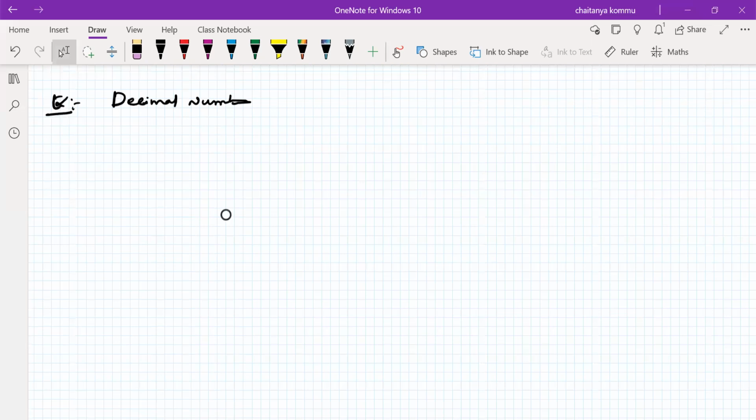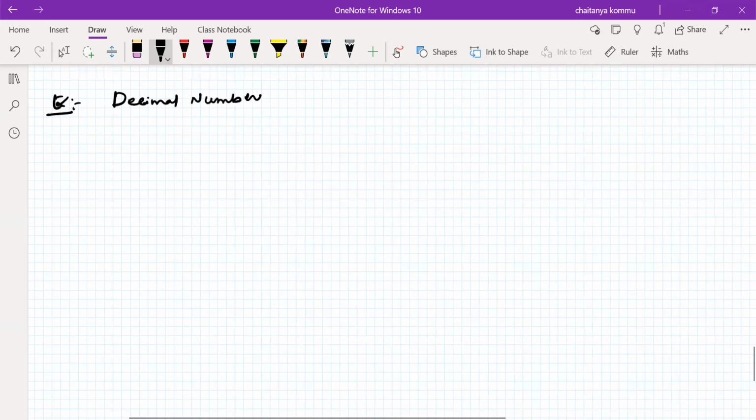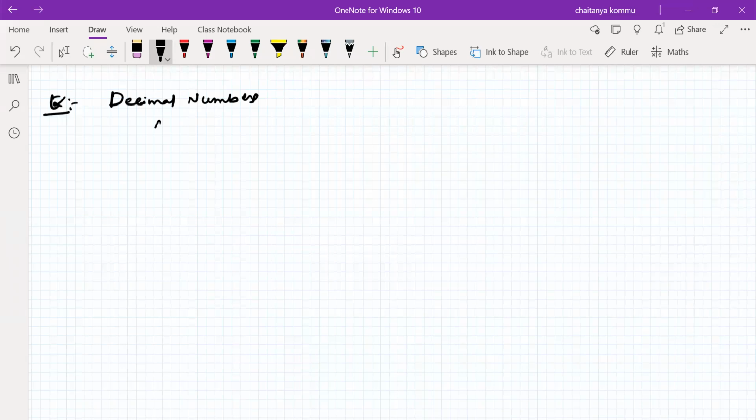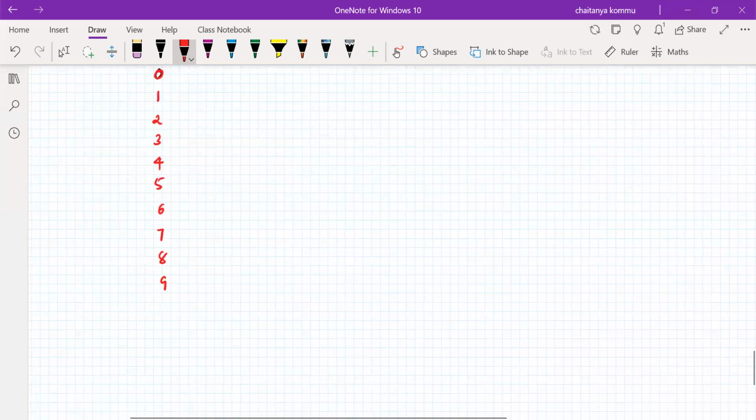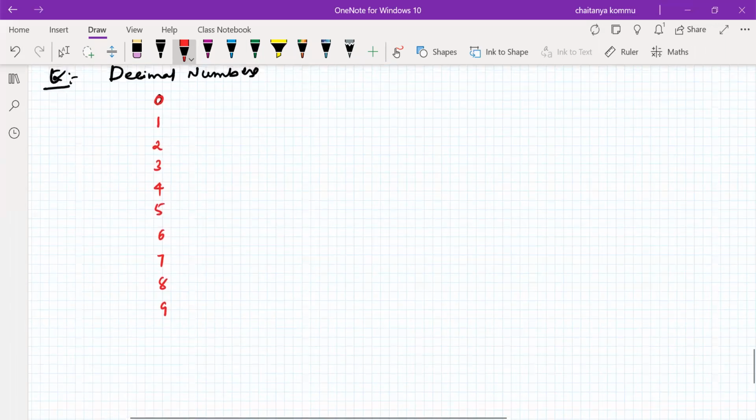Please understand the concept. As we know, 0, and then 1, 2, 3, 4, 5, 6, 7, 8, 9. These are the digits, that's all. In the decimal number system, we have to use only these digits.